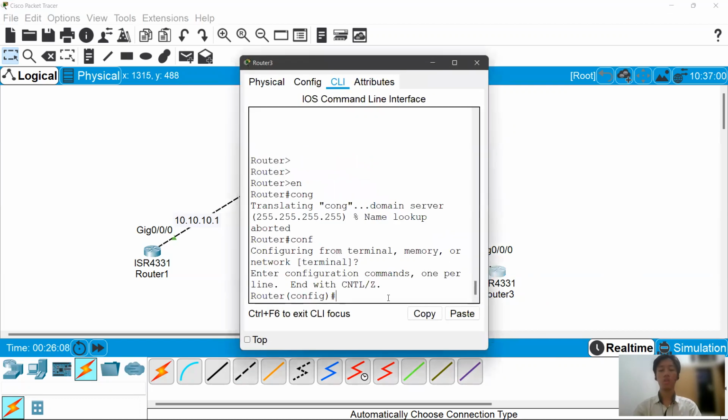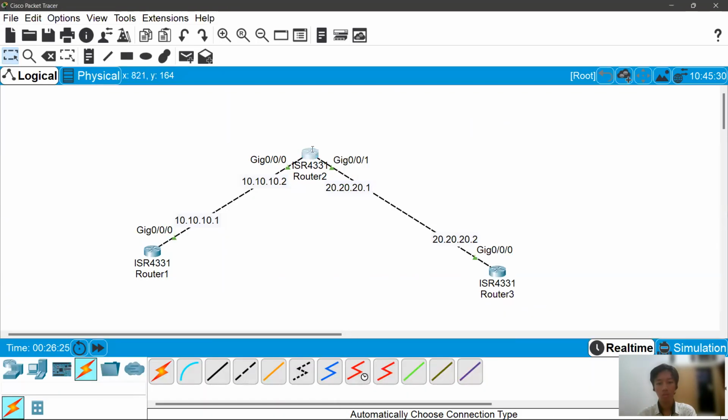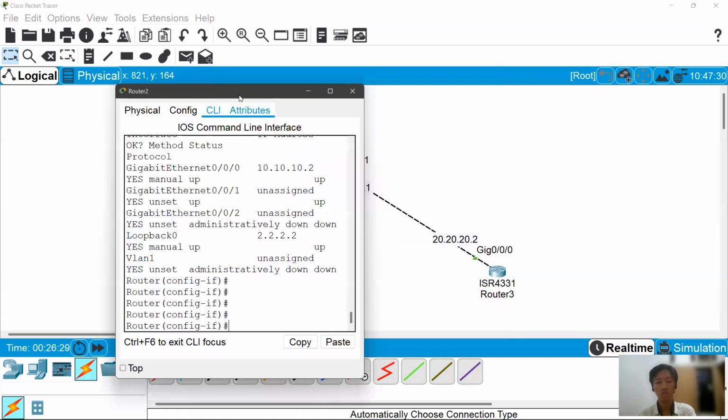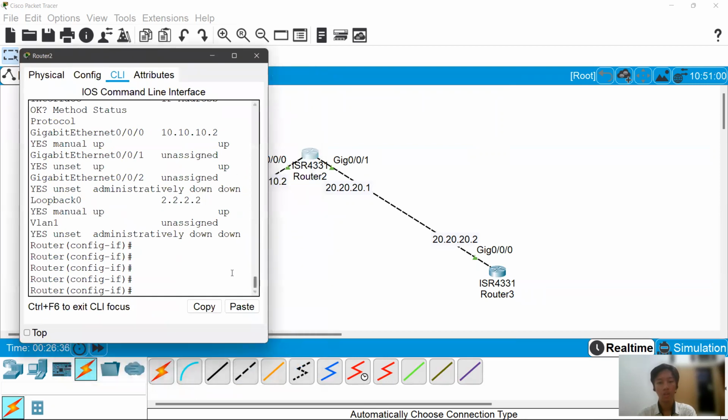Now in router 3 we enter configure terminal and the IP address. Okay, in router 2, we forgot to put the IP in interface gig 0/0/0/1.